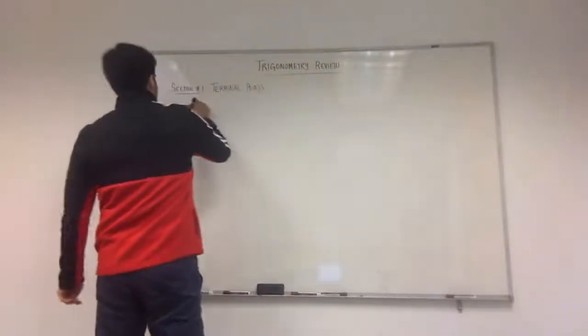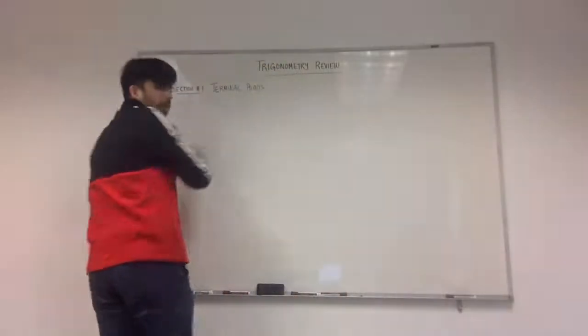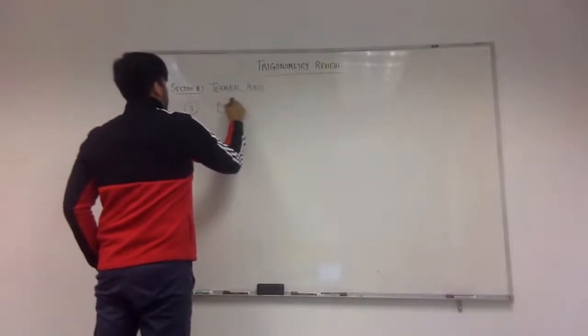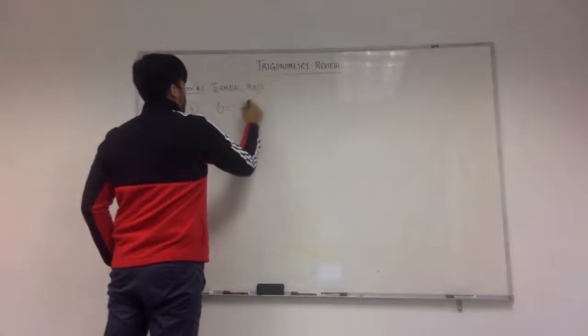So let's find the terminal point for number 3. Theta equals negative 7 pi over 6.